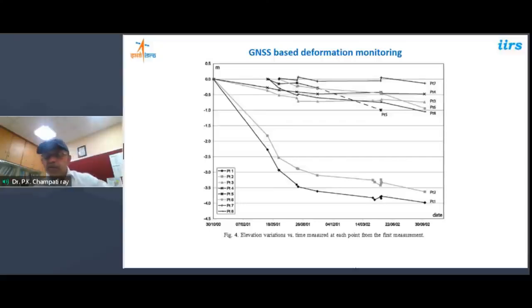Point number 1 and point number 2 have been moving drastically and much more compared to the other points. So such kind of movement can be detected, and in this case you can see the movement in terms of meters, because this is a very active landslide, but it could be in millimeters as well.